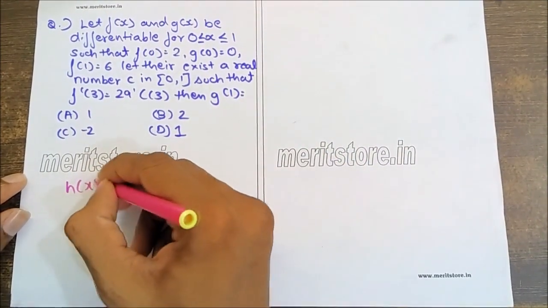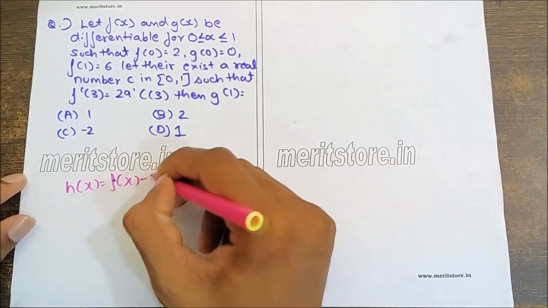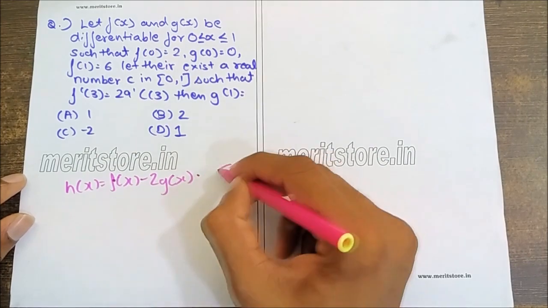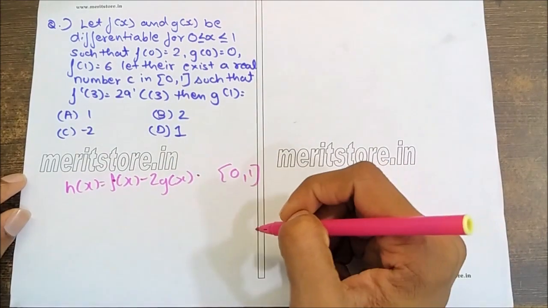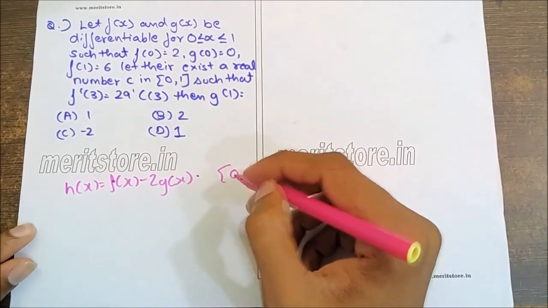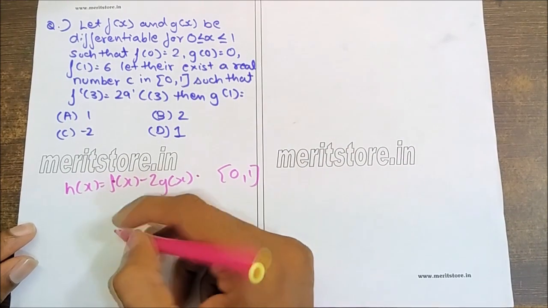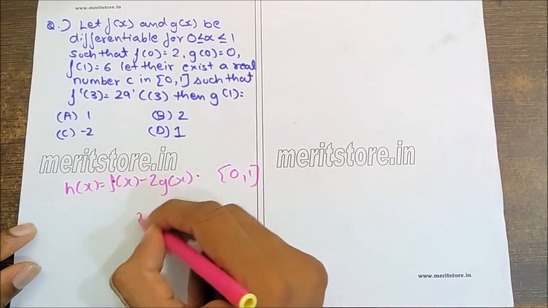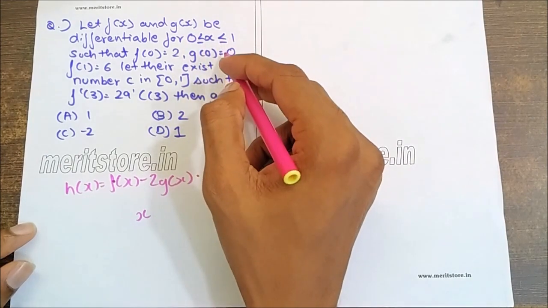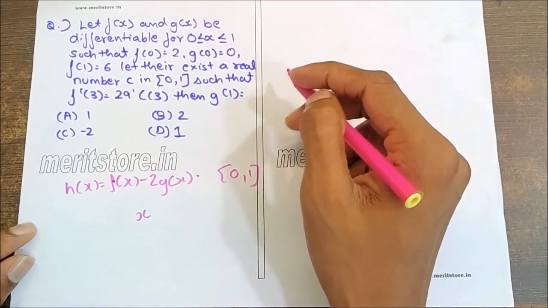Let h of x is equal to f of x minus 2 g of x defined on 0, 1. f of x and g of x are differentiable for x greater than or equal to 0 and less than or equal to 1. Therefore h of x is differentiable on 0, 1 and continuous on 0, 1.